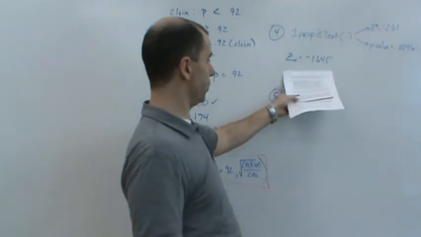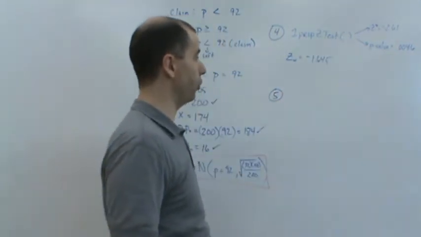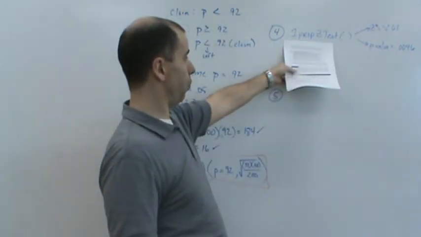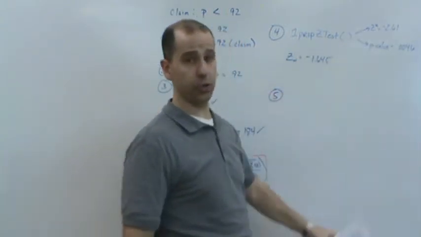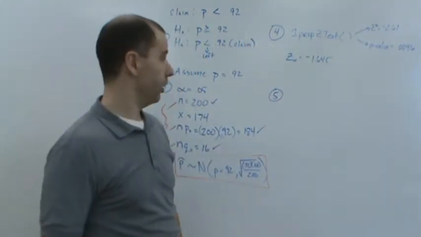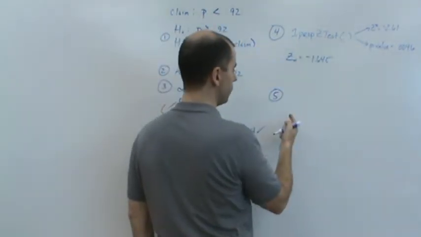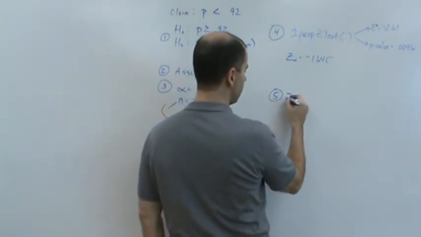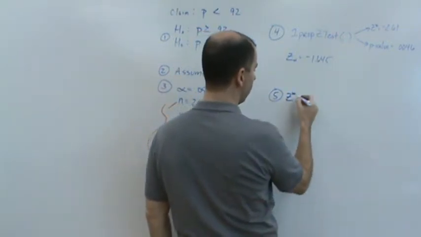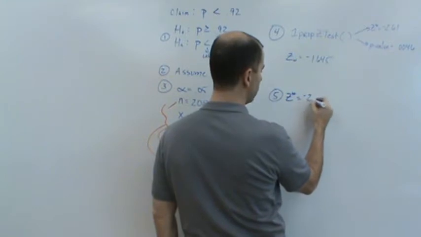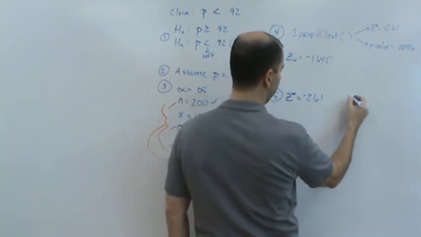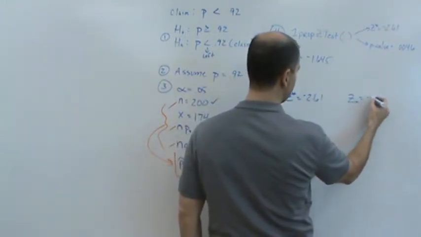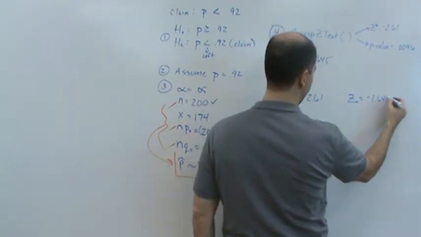So once you get your critical value and you have your results from the one prop z-test, now you can do either method. If you want to do the traditional method, then z star is equal to negative 2.61, and z alpha is equal to negative 1.645.